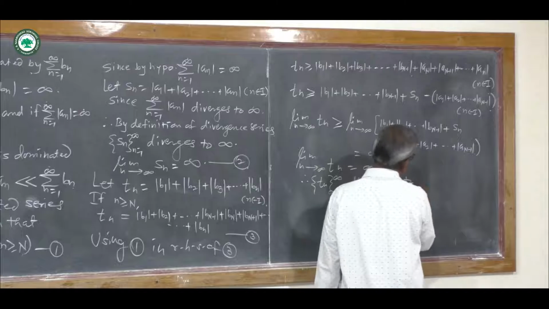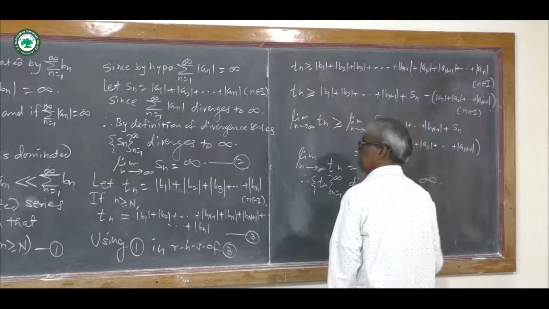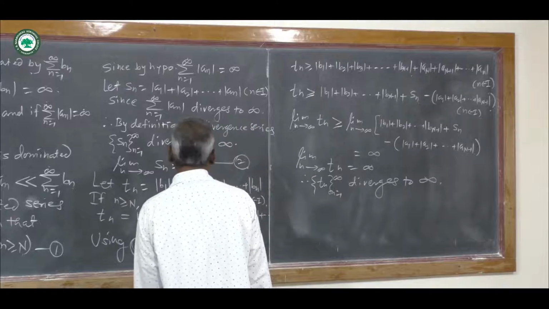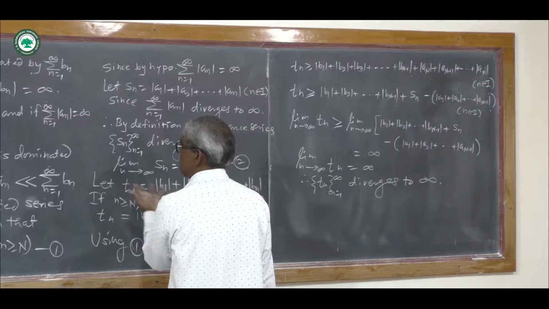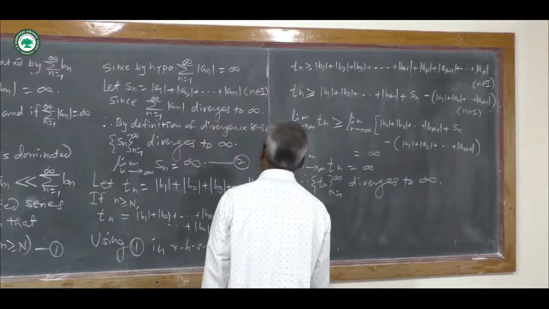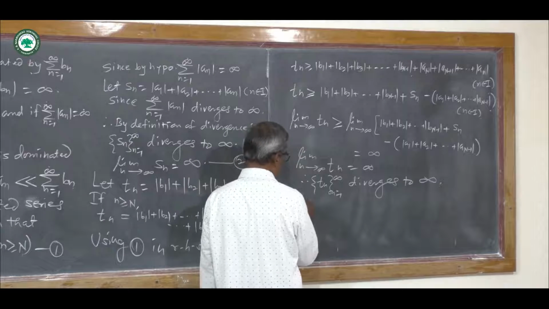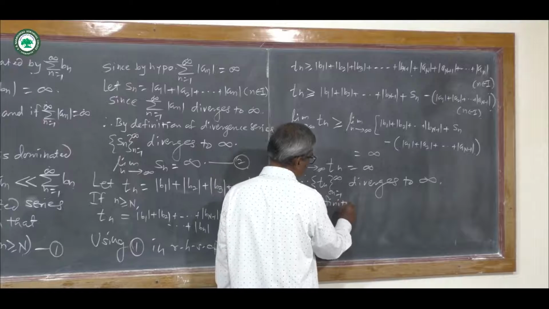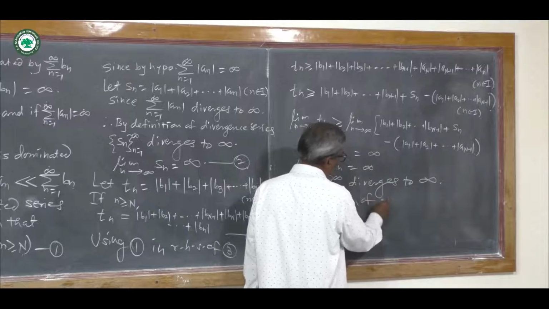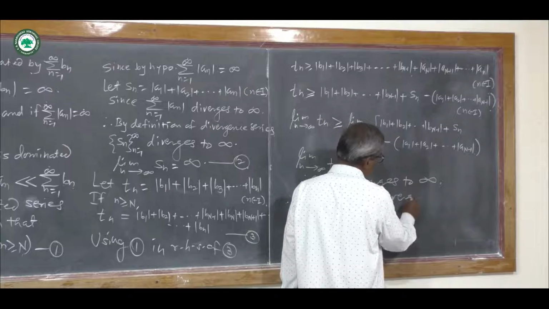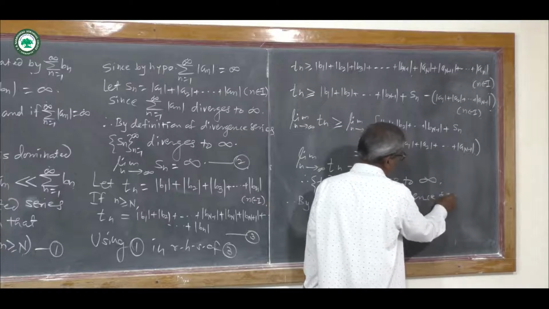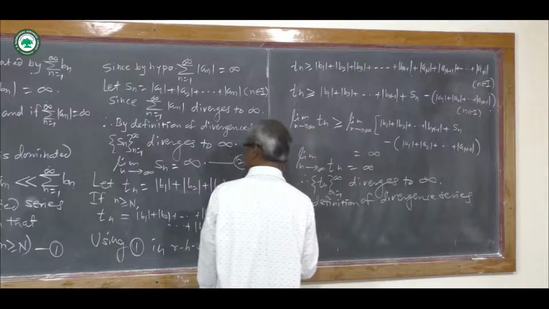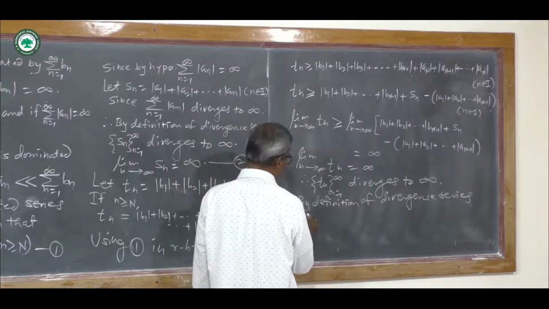Therefore, by the definition of divergence of a series, sigma mod Bn diverges to infinity.